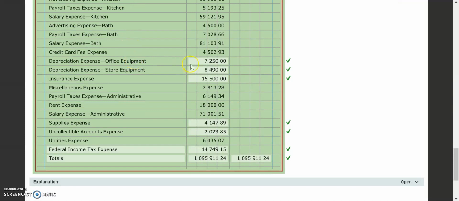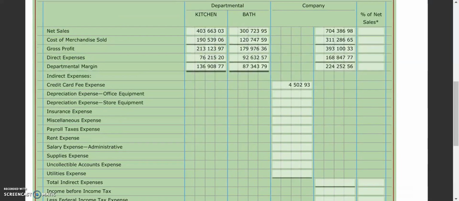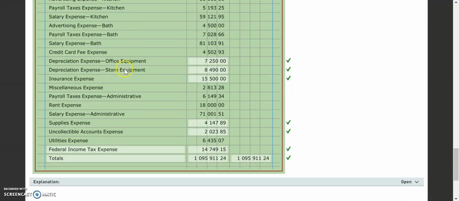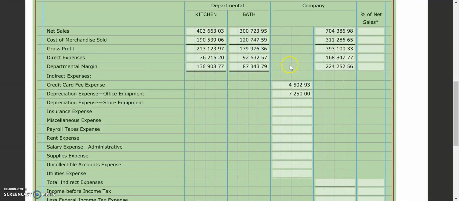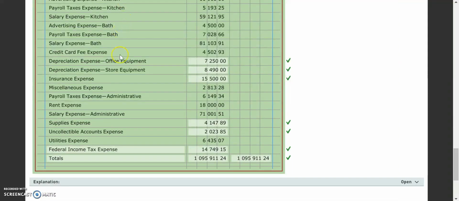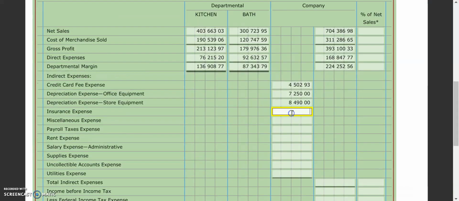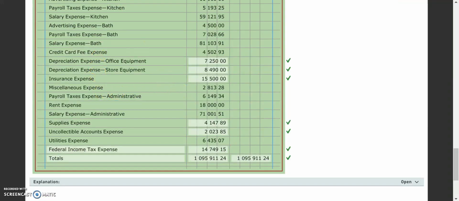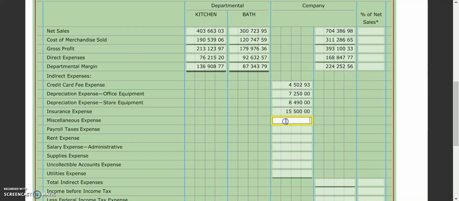Depreciation, $7,250. Depreciation for store was $8,490. Insurance was $15,500. Miscellaneous was $2,813.28.